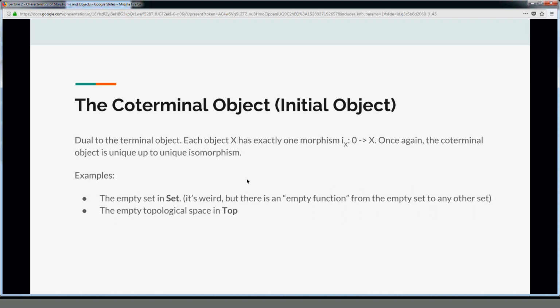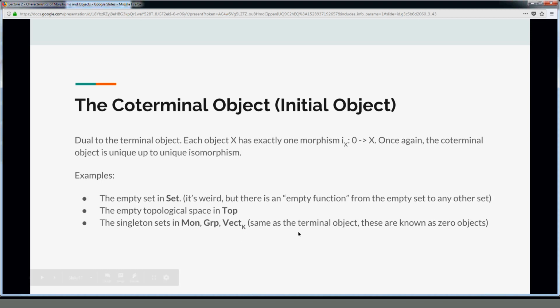The empty topological space, interestingly: the empty set is a topological space. But it's not quite the same thing as in our monoids, groups and vector spaces, because you have to have your identities or your zero vectors in these.